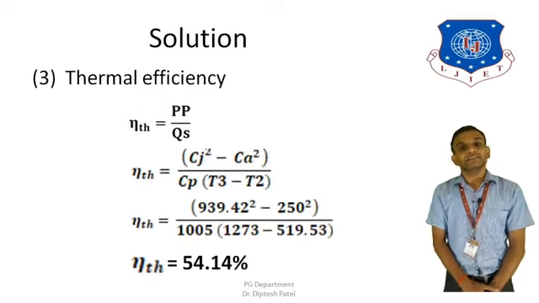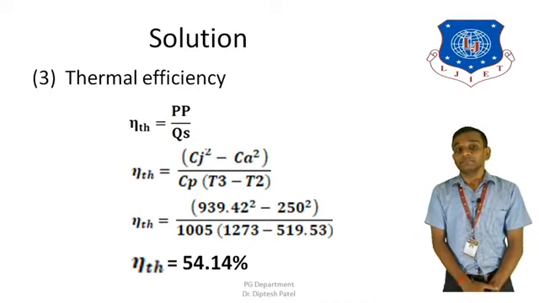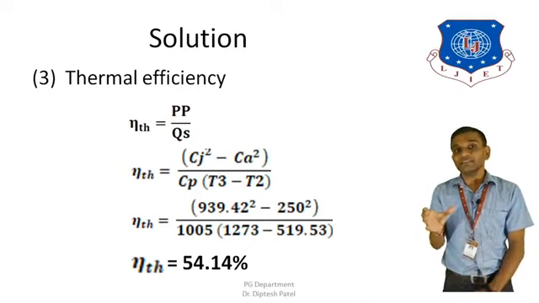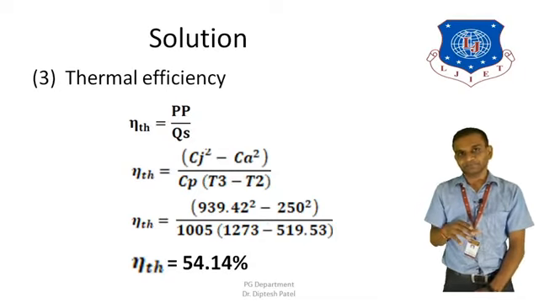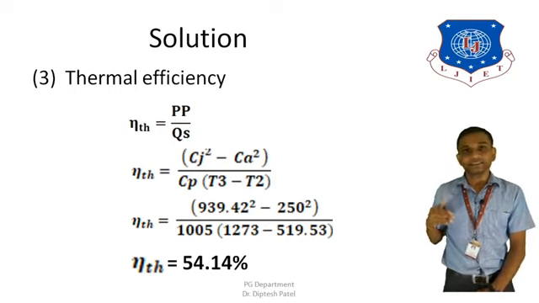Then after that, the thermal efficiency, and the formula to find the thermal efficiency is propulsive power divided by heat supply. Propulsive power is the difference between the kinetic energy at entry and exit, entry at the diffuser and exit at the nozzle.